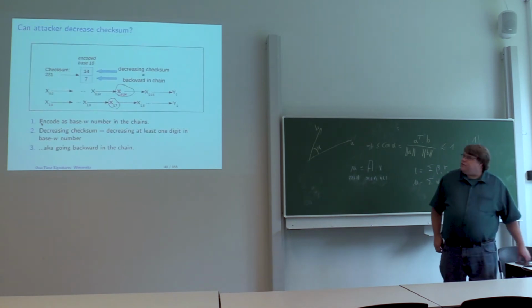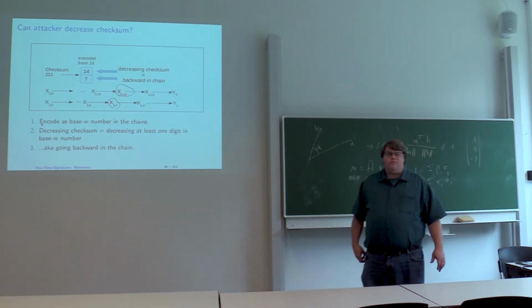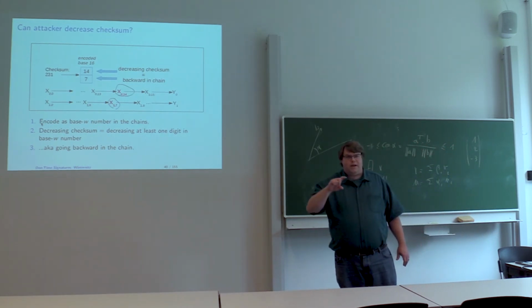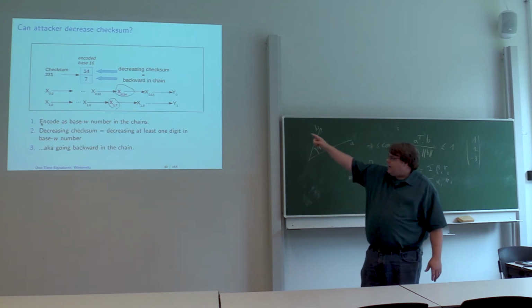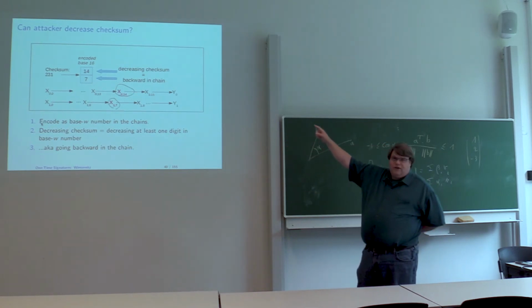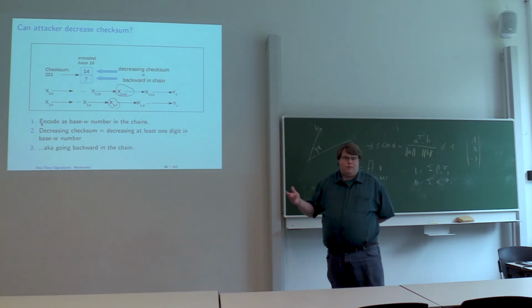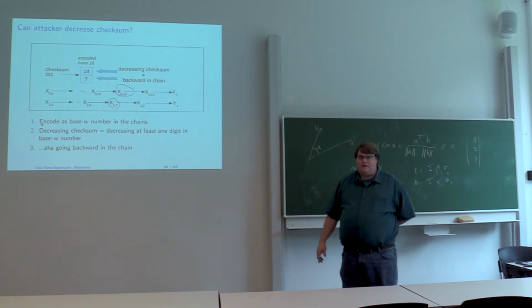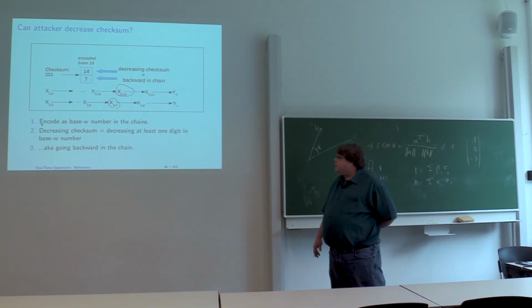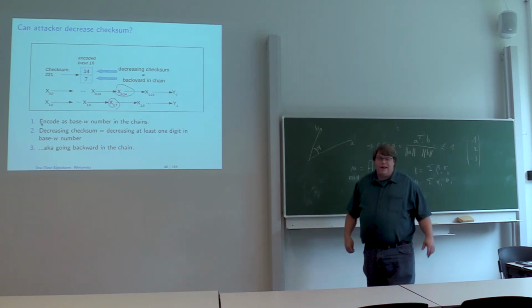Okay. So you can look at this and say, well, could an attacker decrease this checksum? Really what we're doing when we write the checksum down and encode it in these hash chains is writing it in a base 2 to the W form, right? So the first digit is the first number of steps, base 2 to the W, base 16, and the second is the second digit, base 16.